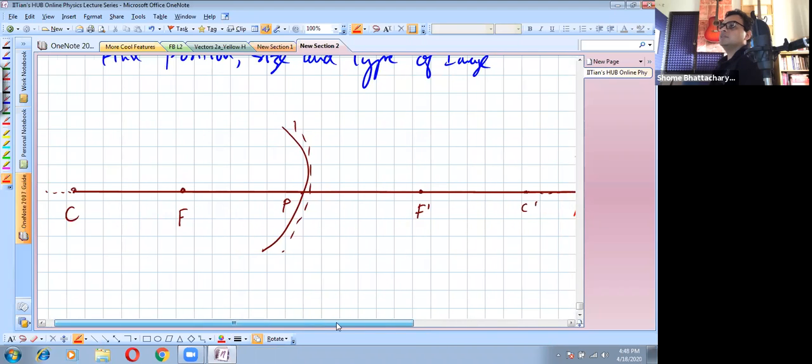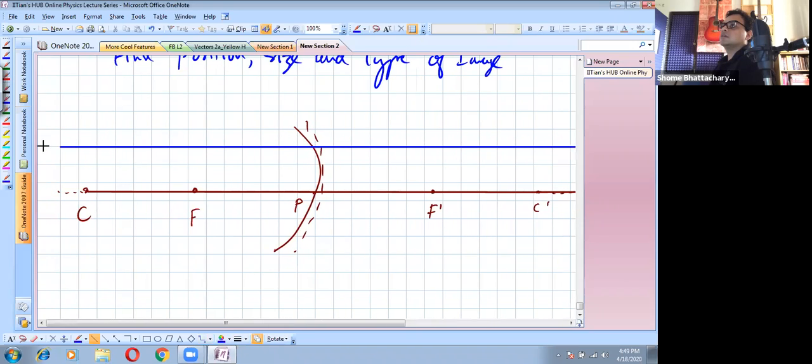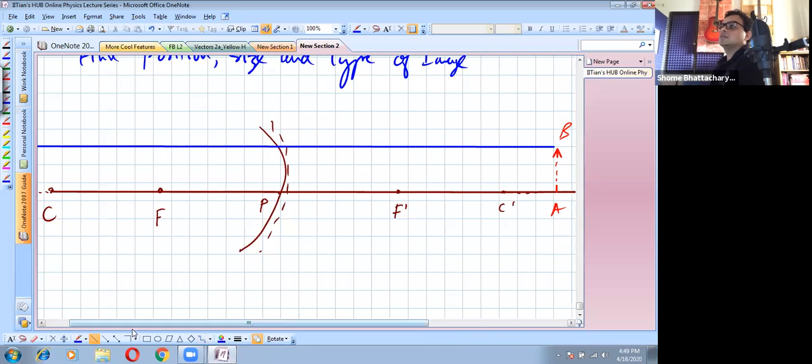It is coming from rays which are, now let us consider a ray which is parallel to the principal axis. So that incident ray is something like this.